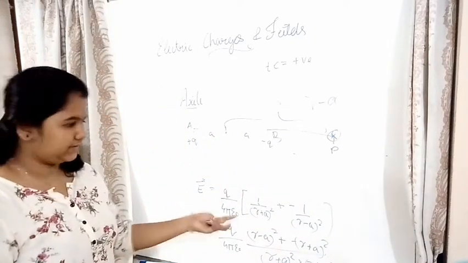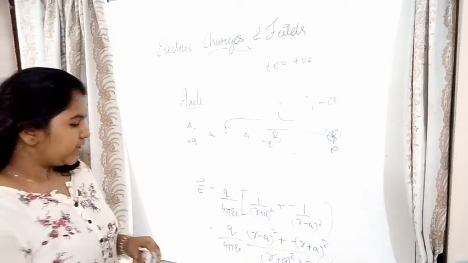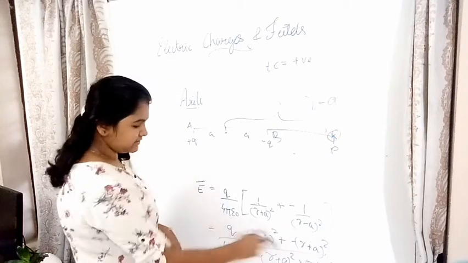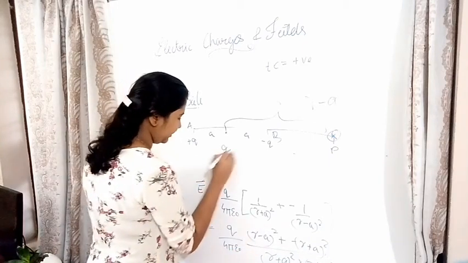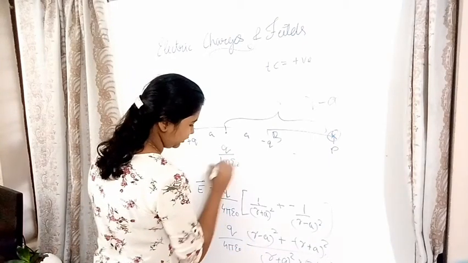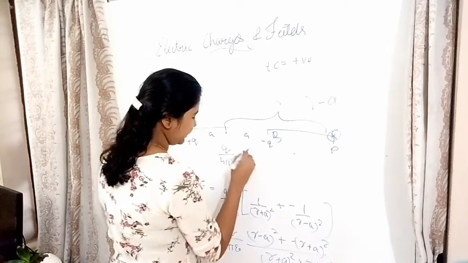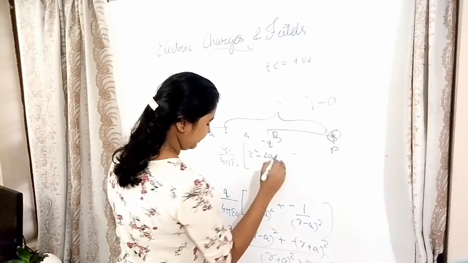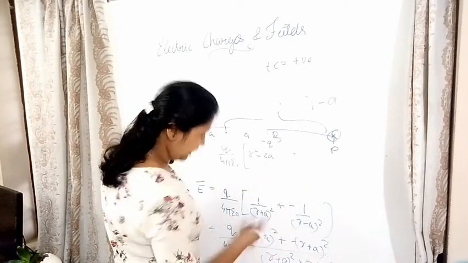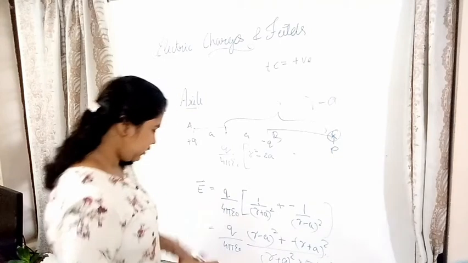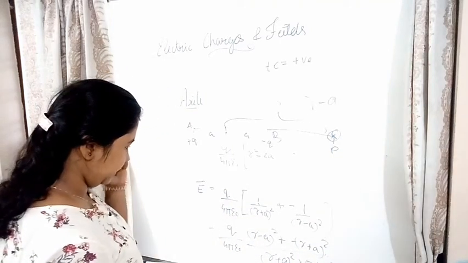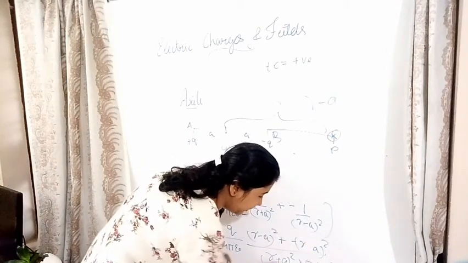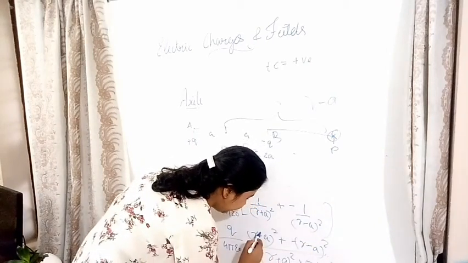So let's see about the equation. Now we'll write it after solving this. That is Q by 4 pi epsilon 0. There's something wrong with this equation. This is supposed to be r minus a, and this is r plus a.